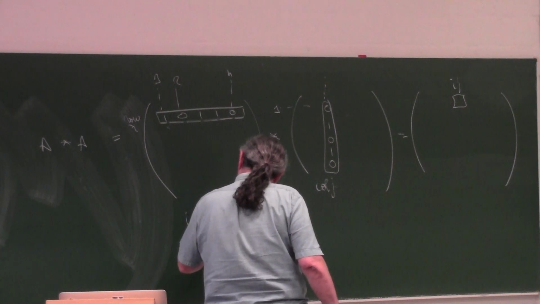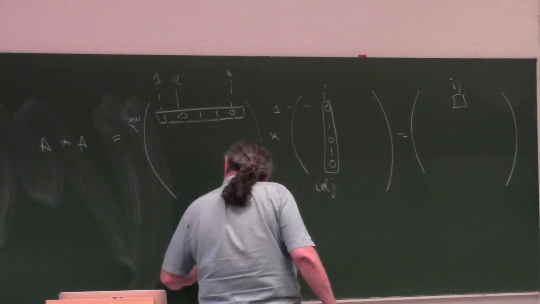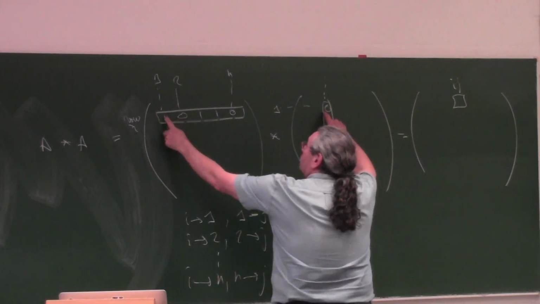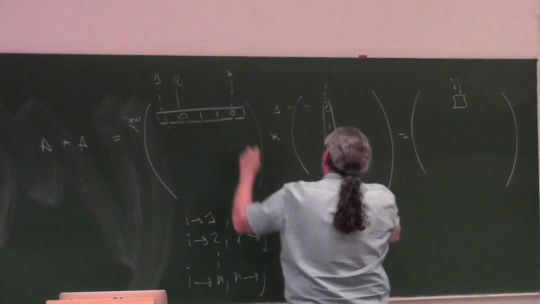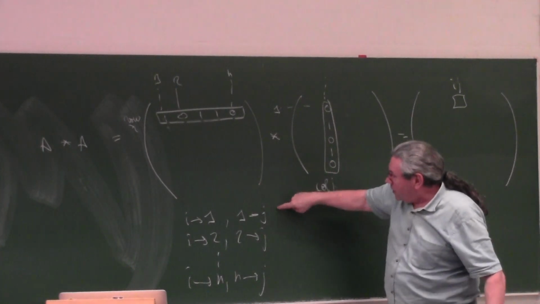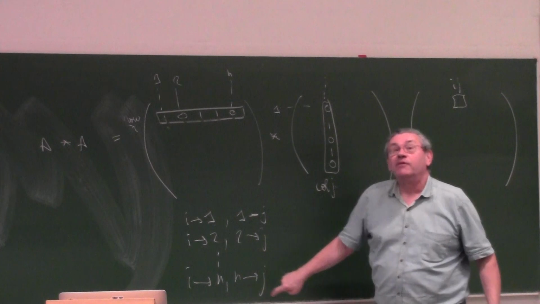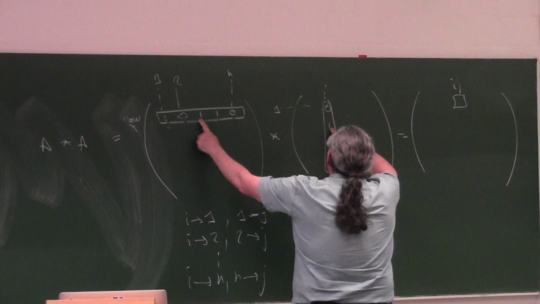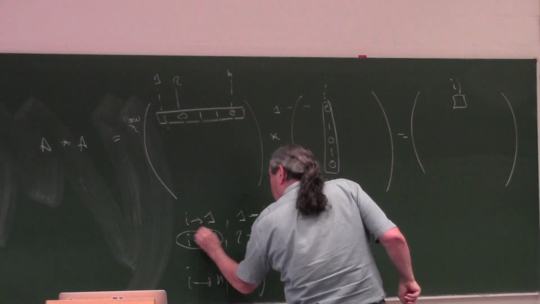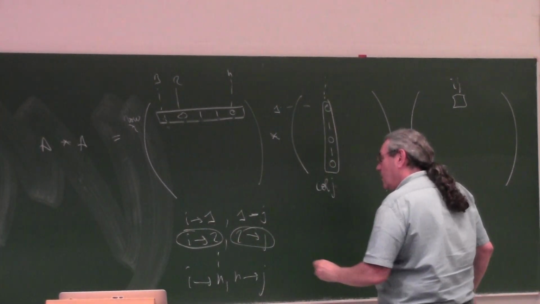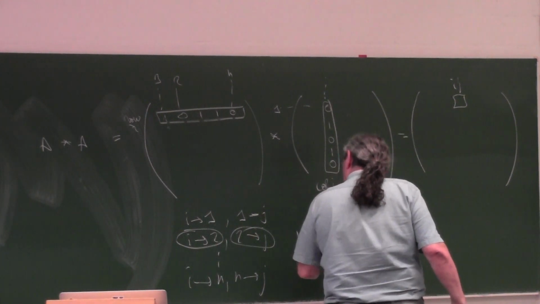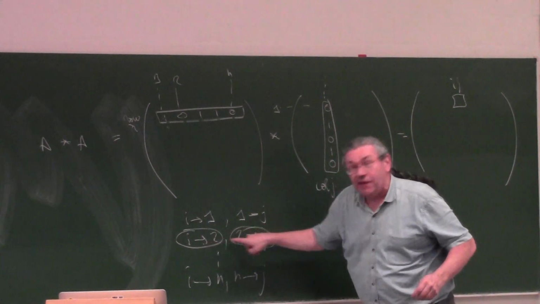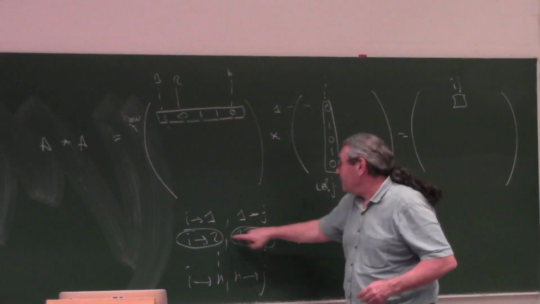Then I go from i to 2 and from 2 to j. From i to n to j. So each one of these combinations is going from i to j, but the node in the middle is different. You see that? And it's only going to be 1 if there's both 1s. That means if I have a path from i to 2 and 2 to j, it's going to multiply 1 times 1. So it's only 1 if there's actually a path there, or a walk.